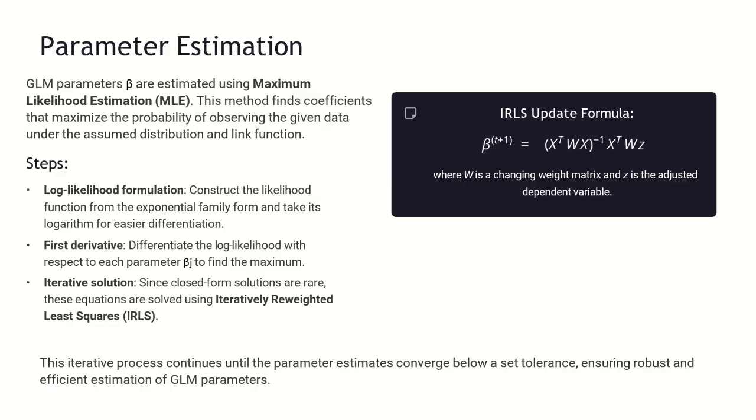This process updates weights and adjusted dependent variables until estimates converge within a set tolerance. MLE ensures that the chosen model best explains the observed data under the given assumptions, making it a robust foundation for statistical inference.